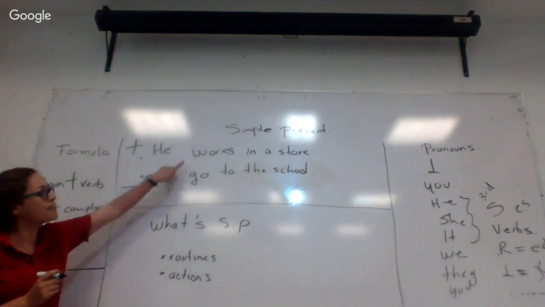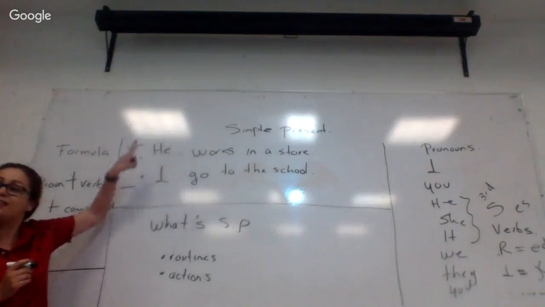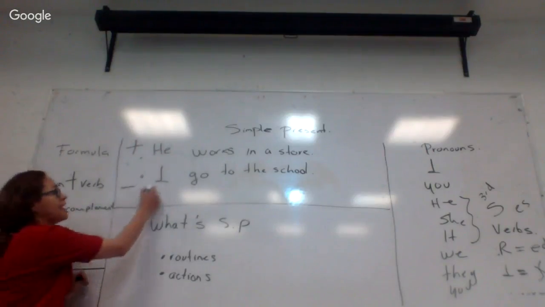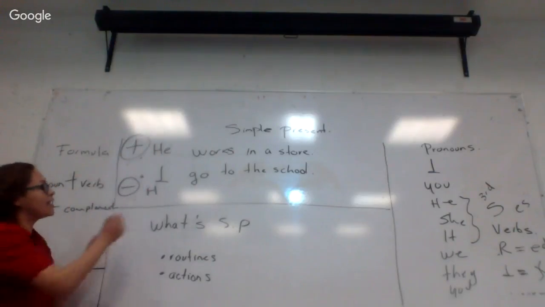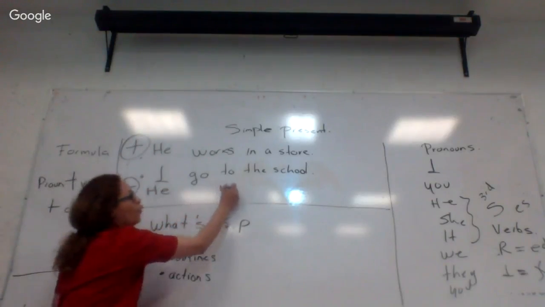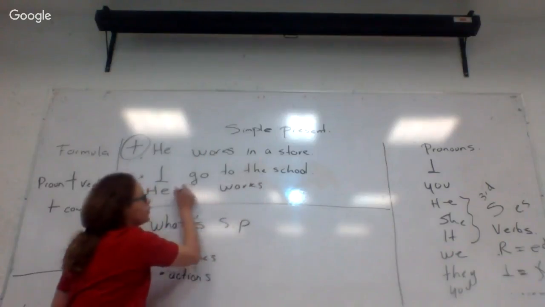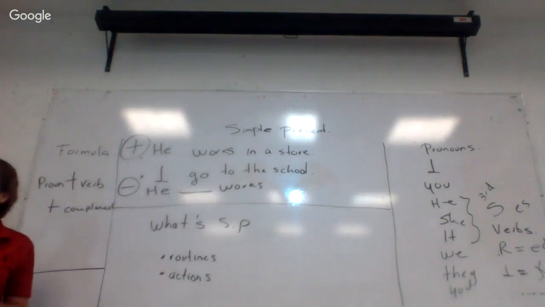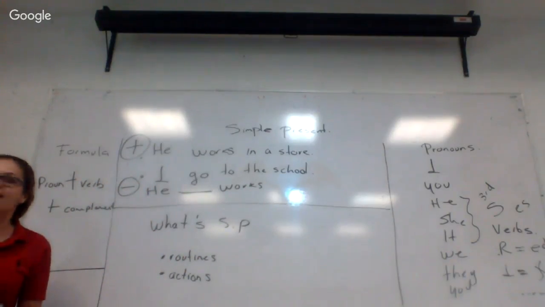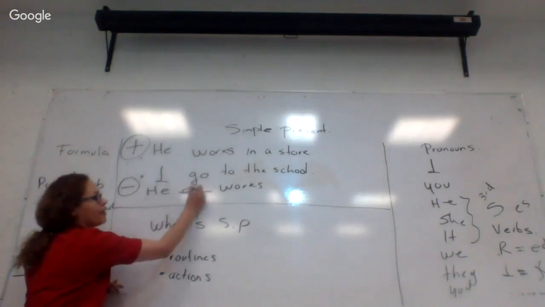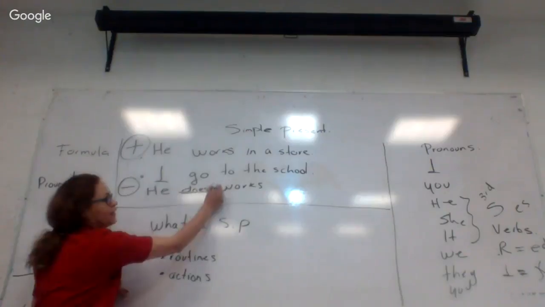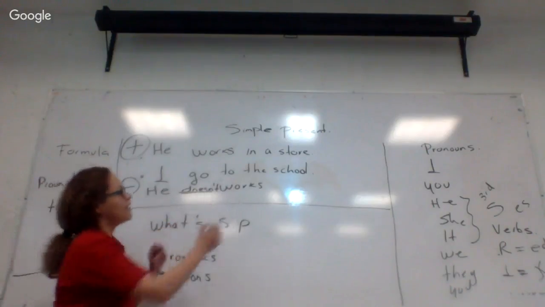Okay, he works in a store. But if it's in negative, you have to use it. He, positive, negative. He works. But right here is missing something. ¿Cómo se dice? No trabaja. He doesn't work in a store.